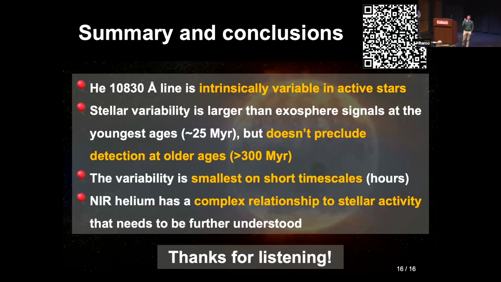So I don't think so, but you can see V1298 Tau, there have been searches for exospheres there, and there are some tentative detections, but you can see slopes in the helium strength and things that are definitely stellar variability, but those haven't been claimed to be exosphere detections.